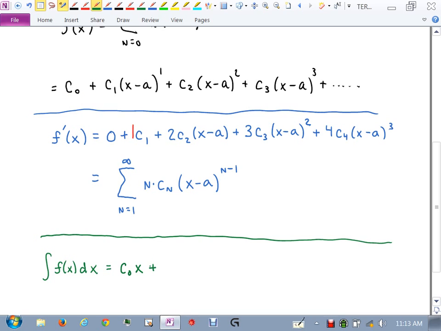What's the antiderivative of c1 times x minus a to the first power? 1/2 c1 x minus a squared. So this is going to start to take on the same sort of format as the power rule for antiderivatives. What's the antiderivative here? 1/3 c2 x minus a to the third, and so on and so forth.